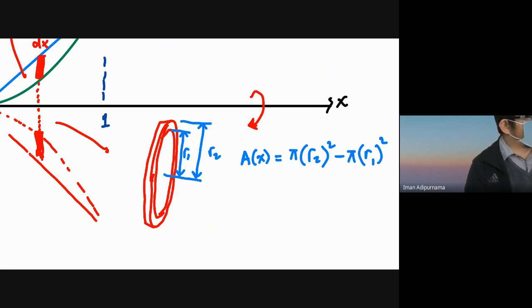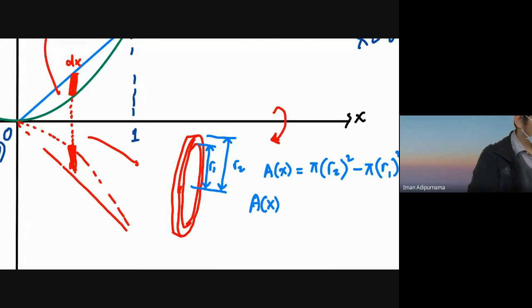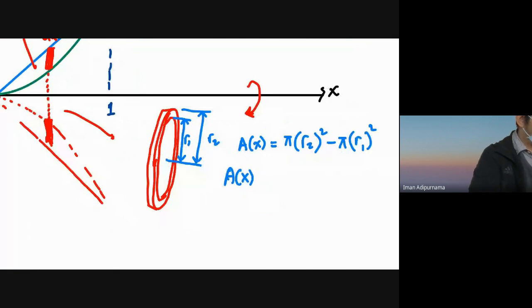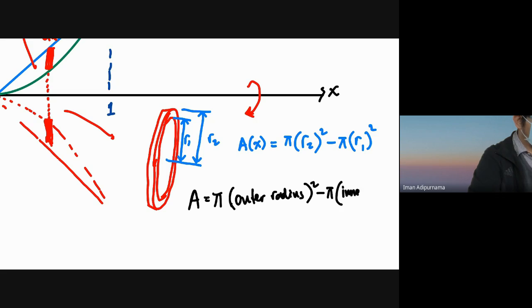The total area that we have now. In general, we can write this as pi outer radius squared minus pi inner radius squared.